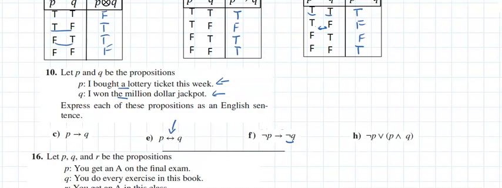And the last one, if I look at H, this is or. So either I did not buy a lottery ticket this week, or I did buy one and won the $1 million jackpot on Friday.